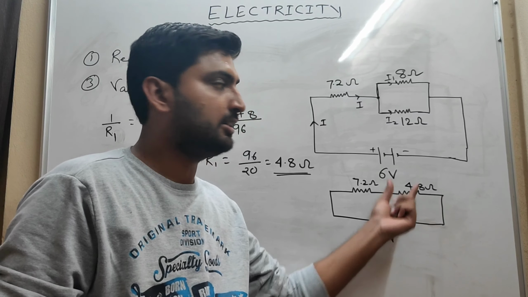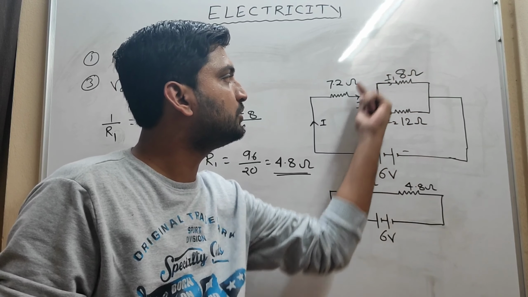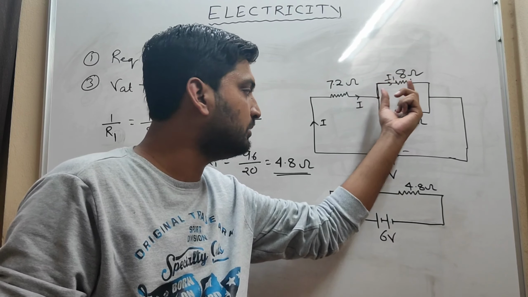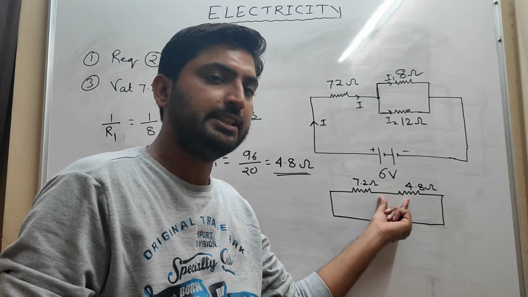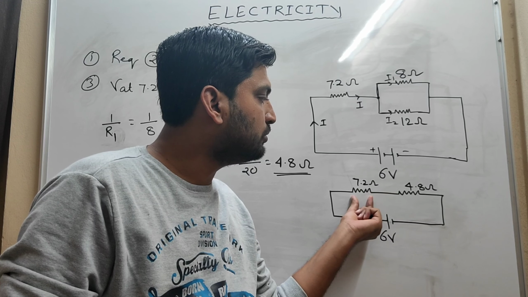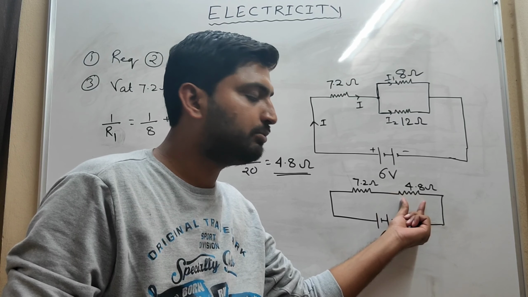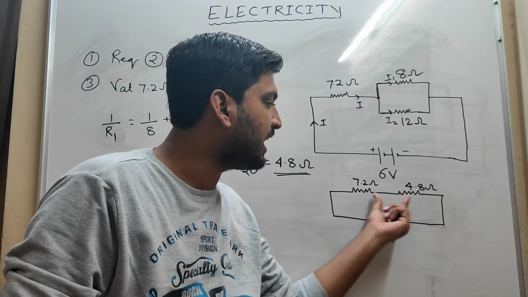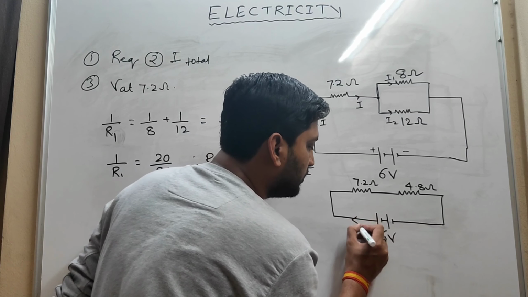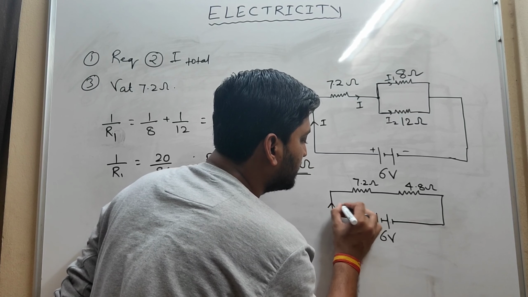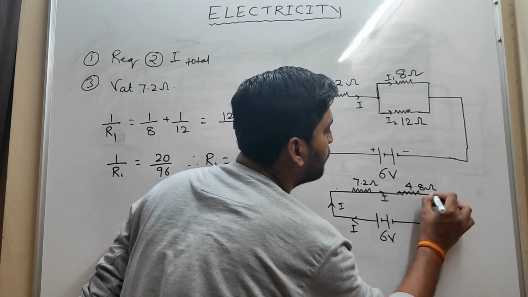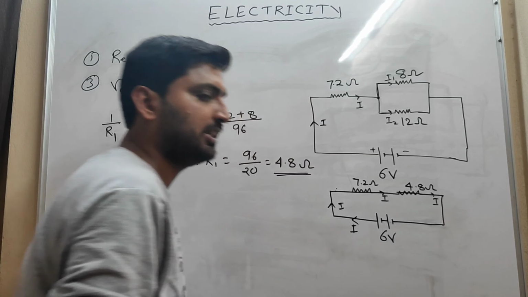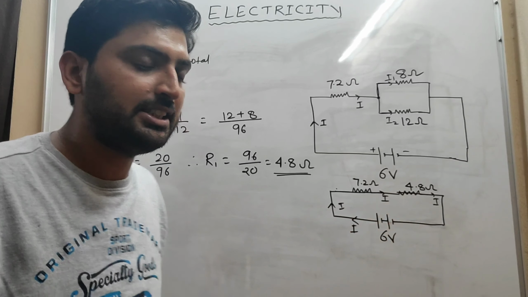It means the 7.2 ohm resistance and 4.8 ohm resistance are now in series, because the current that flows from here, the same current will pass through 7.2 as well as 4.8 ohm resistance. So these two are in series.